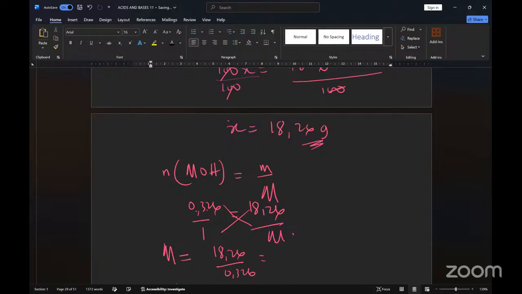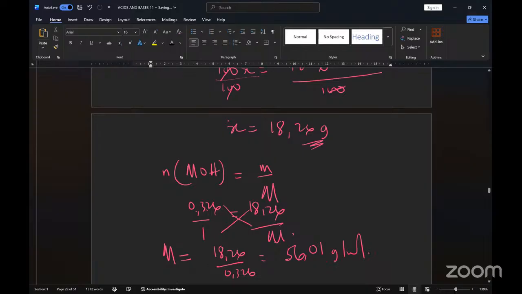We divide that, and what do we get? That gives us 56. So the molar mass gives us 56, according to my calculations, 56.1 gram per mole.